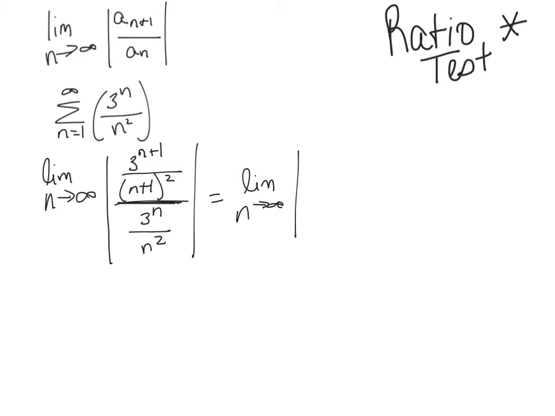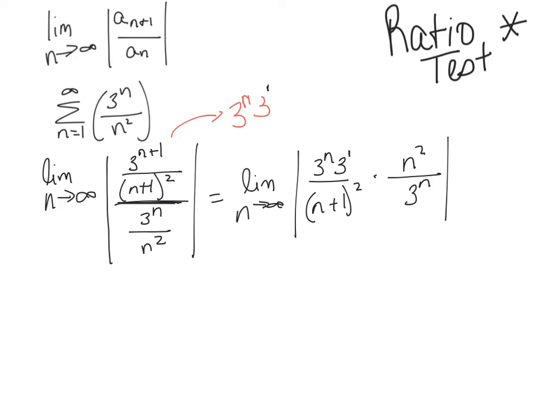I'm going to rewrite this part right here as 3 to the n times 3. So the top of my fraction will turn into 3 to the n times 3 to the 1. And then the denominator will turn into n plus 1 quantity squared times, and then the denominator will flip up, becoming n squared over 3 to the n.